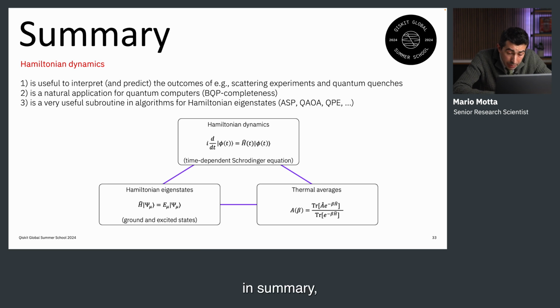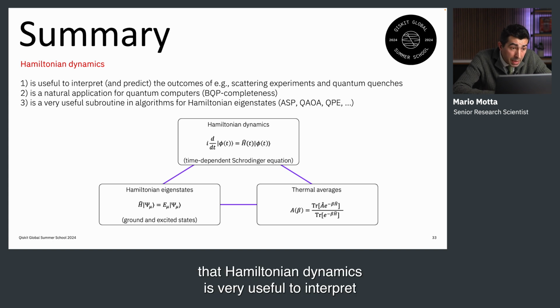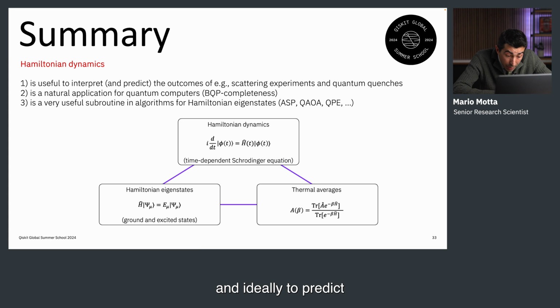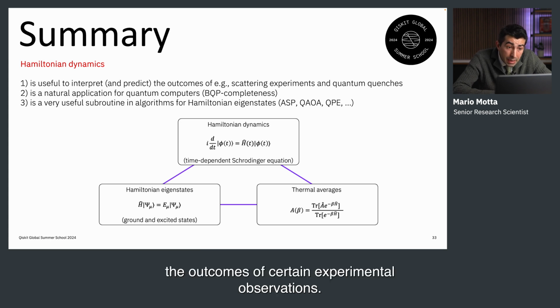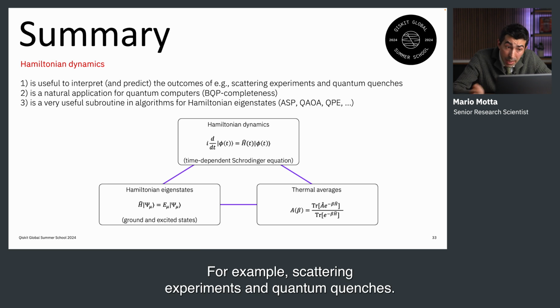And so, in summary, I tried to convey a sense that Hamiltonian dynamics is very useful to interpret and ideally to predict the outcomes of certain experimental observations, for example, scattering experiments and quantum quenches.